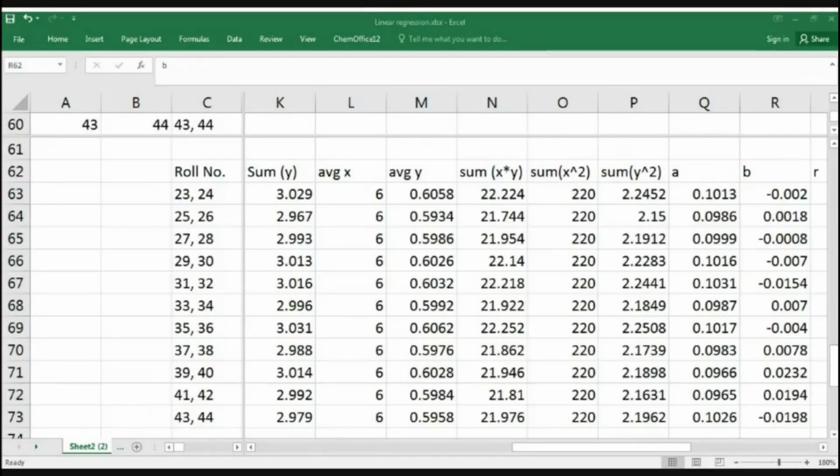Acha, if your A value is matching and B value is not matching, that means you have done some silly mistake. They may not match exactly. Okay, at least till first 3 digits if they are matching, it is okay.